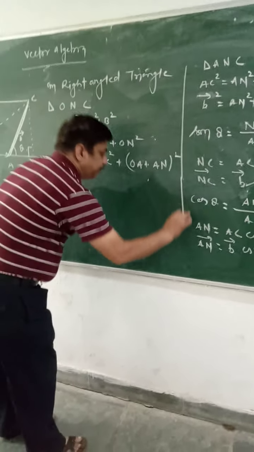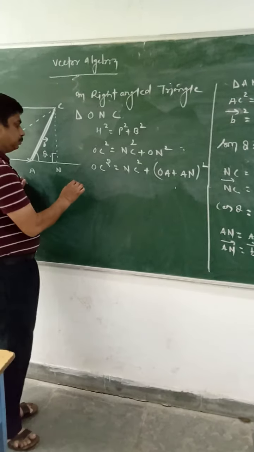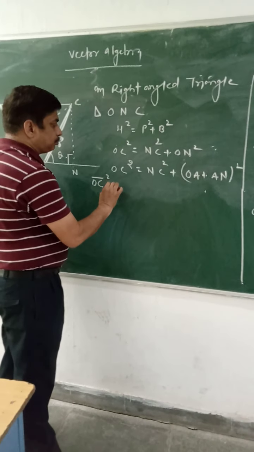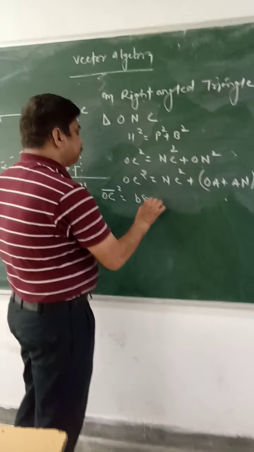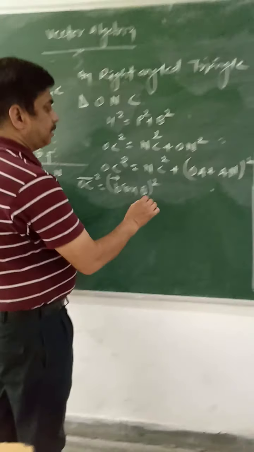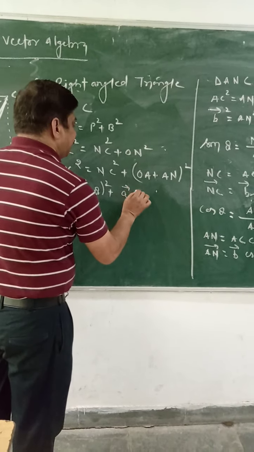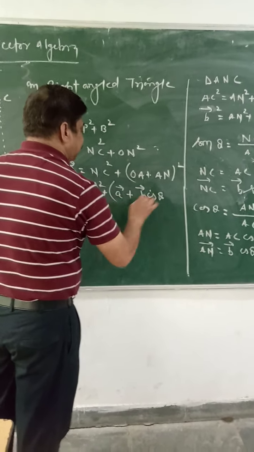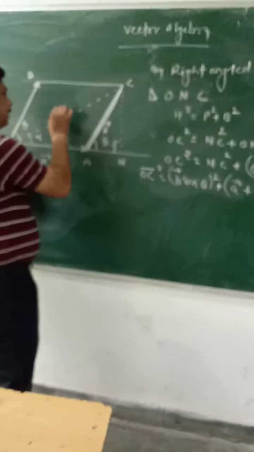Now we have to put this in this equation, so this is OC square. Write vector OC square is equal to NC, so vector B sine theta whole square plus OA, which is vector A, and AN, that is vector B cos theta, whole square. So let this OC be R.